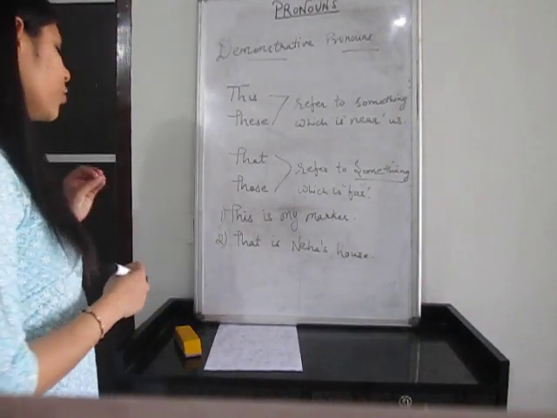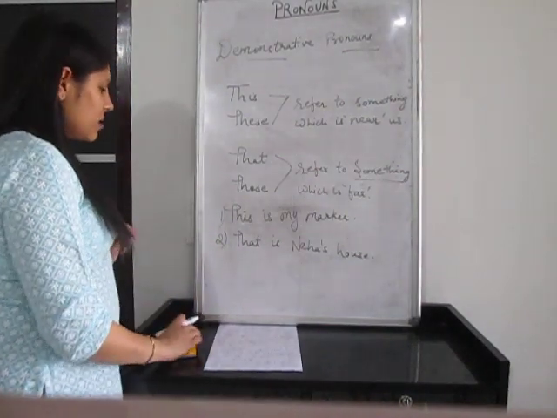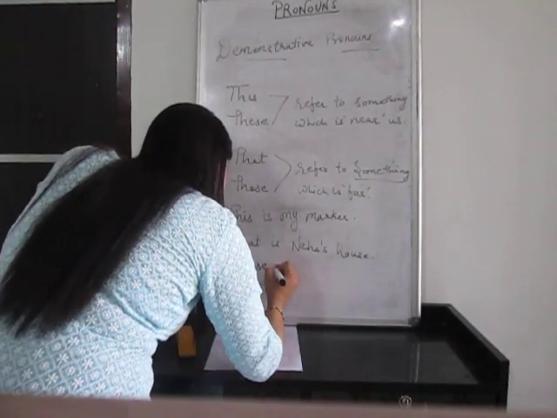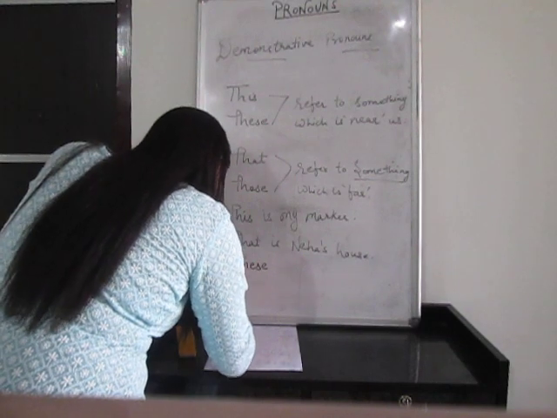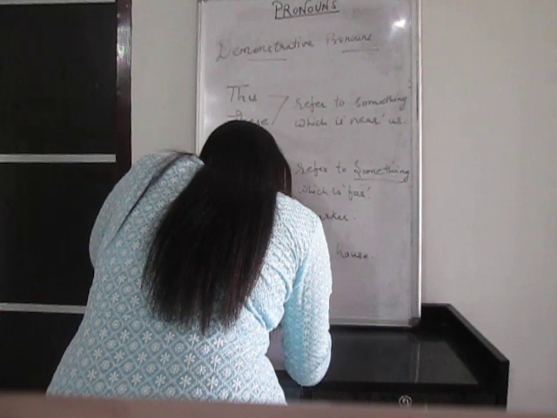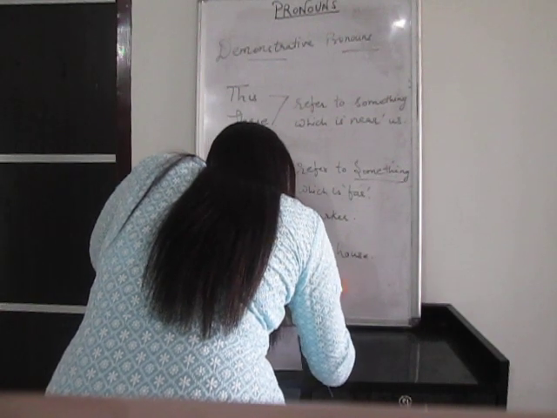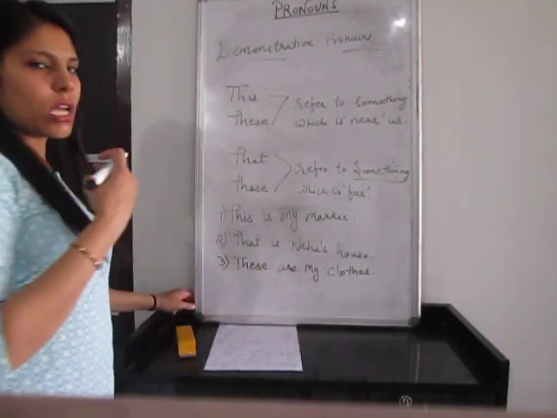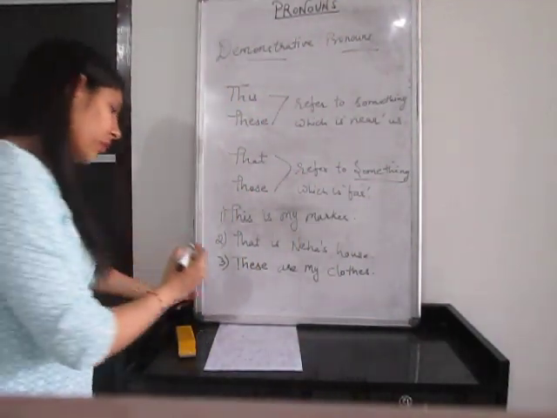Now let's talk about plural forms, that is, these and those. These is used for plural. So these are my clothes. They are near me, so these are my clothes.